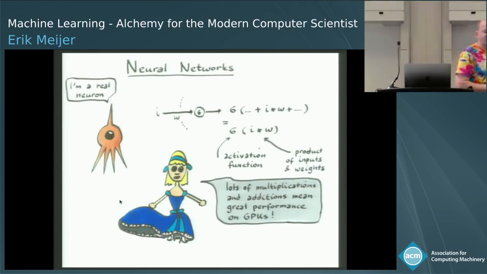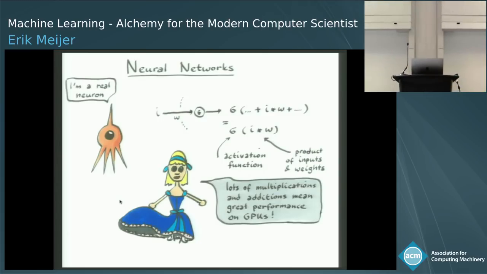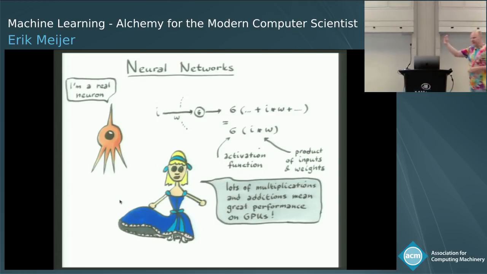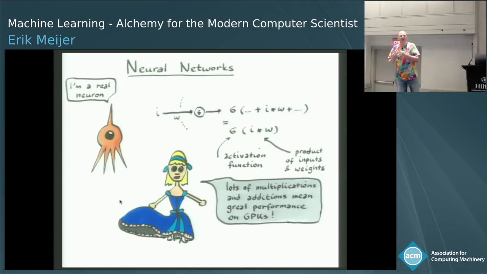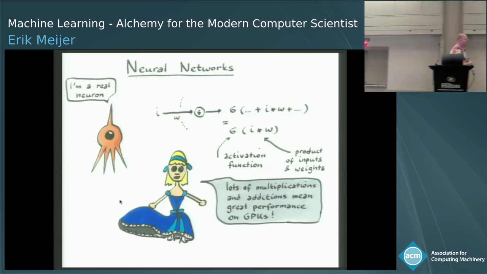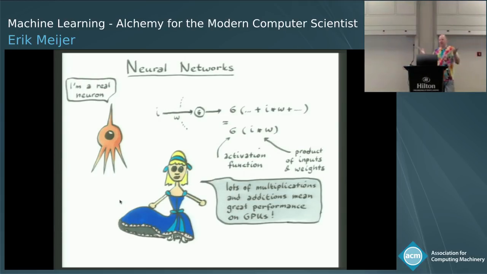Okay? And what is a neural net? That's just a special case of this, where this composition of functions has a special form. And why do people like this special form? Not because it has anything to do with neurons, but because it has a lot of additions and multiplications, and we know how to do that fast using GPUs or whatever. Right?